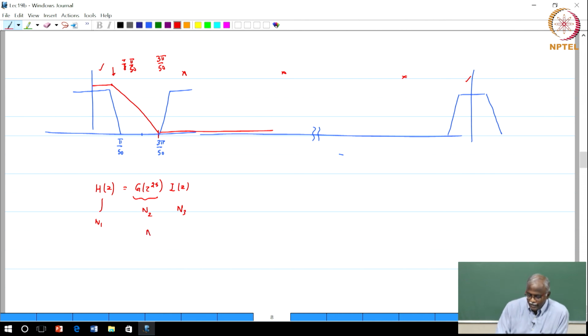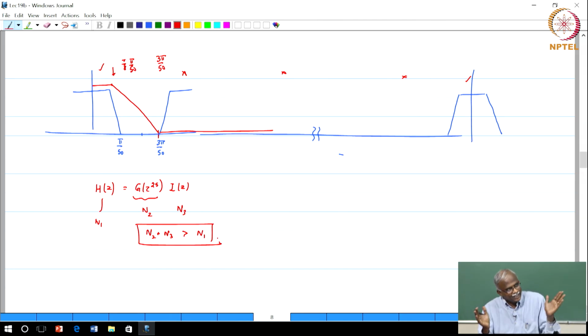So, when I add N2 plus N3, it will be greater than N1, okay, because this filter is a cascade of 2 filters. But the key advantage is there are lots of zeros in this implementation, right. So, basically there are a lot of 0 valued samples in the impulse response, and that is where we get the advantage.